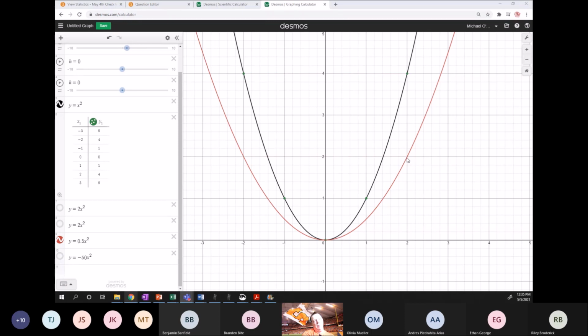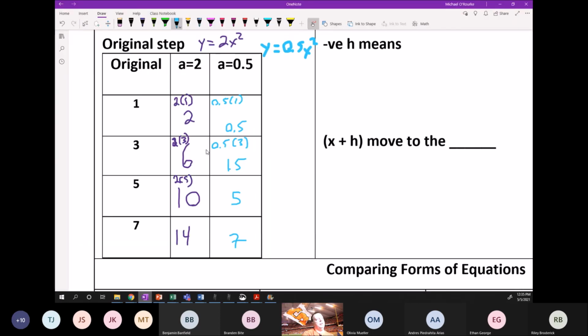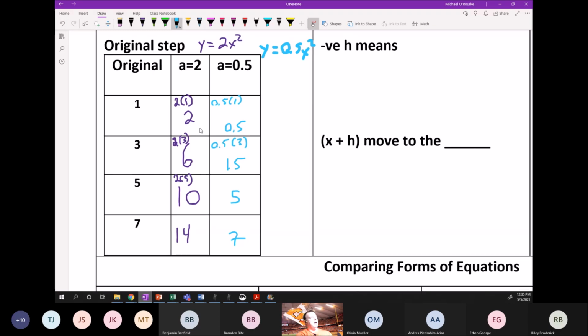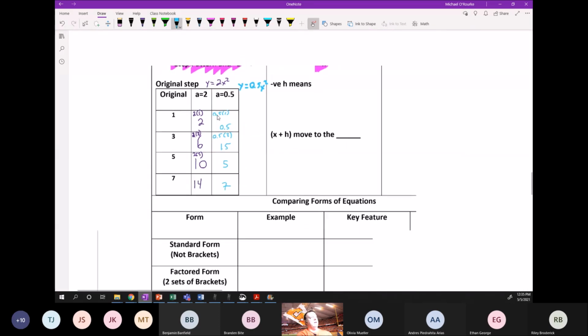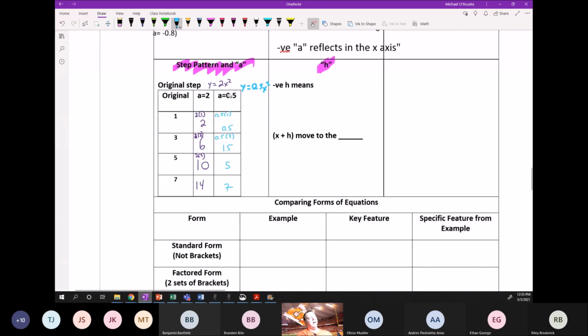Boom. We're right there. Do you guys all understand that? How our step pattern changes depending on what the value of A is. Does anyone want me to go over it again with a different number? Put an O in chat if you want me to go over it again with a different number.